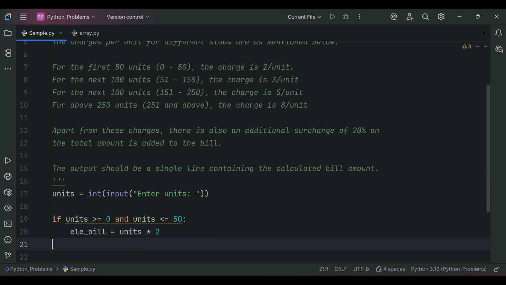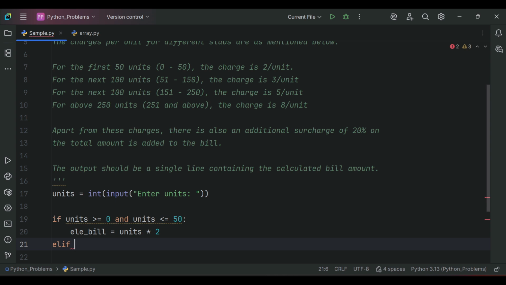Next, elif, the next condition. What is it asking? For the next 100 to 150 units, the charge is 3 rupees per unit.